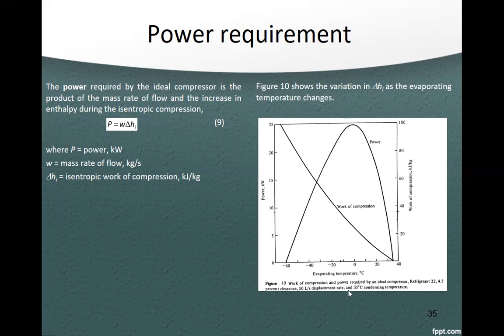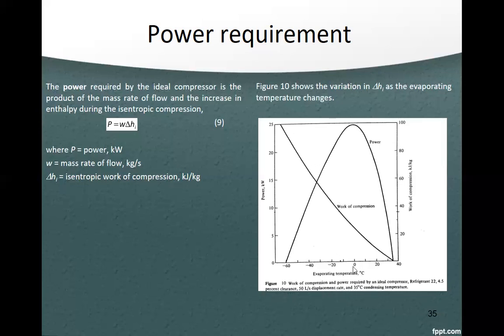Work of compression and power required by an ideal compressor, refrigerant 22, 4.5% clearance, 50 liters per second displacement rate, and 35 degrees condensing temperature.